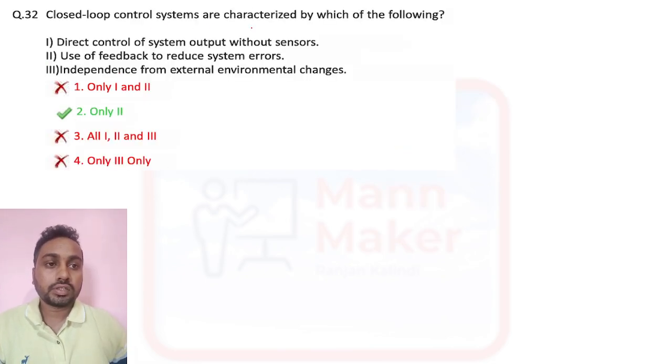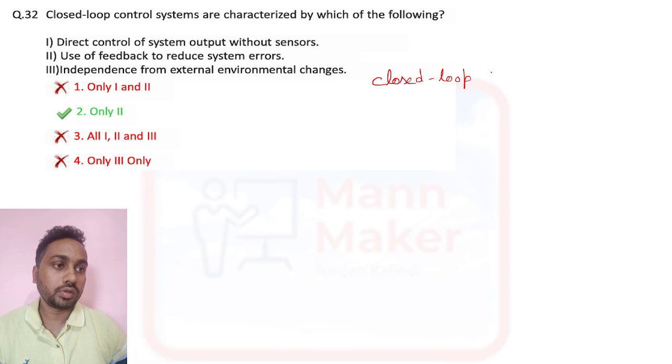Closed loop control system, characterized by which of the following? So in a closed loop control system, it has some characteristics. Like in a closed loop system, it uses feedback to reduce system error.